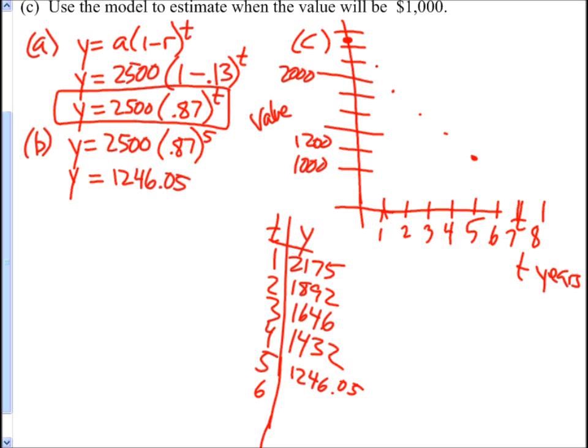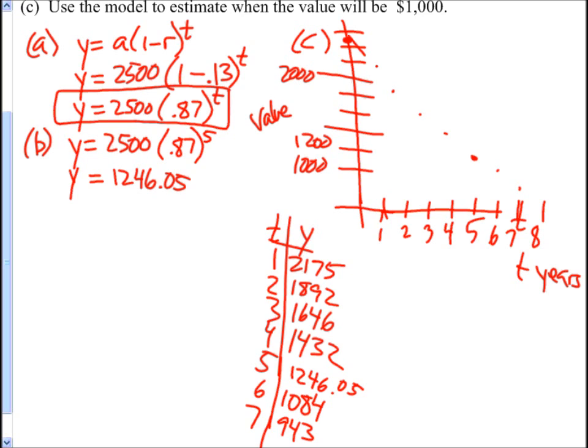So let's go to the 6, 1084. And 7 years, 943.